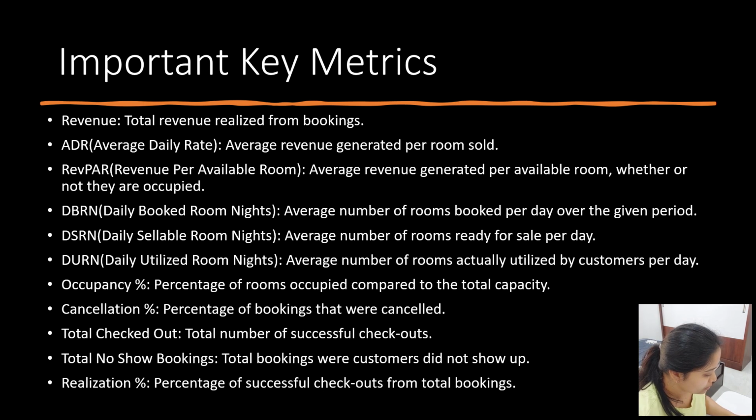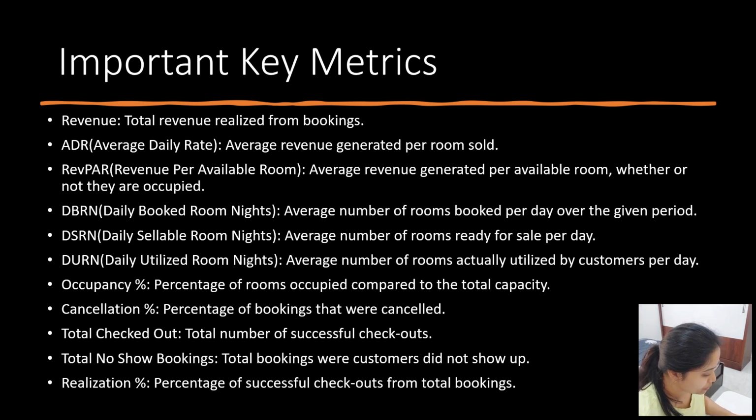DSRN, daily sellable room nights, is the average number of rooms ready for sale per day. DURN, daily utilized room nights, is the average number of rooms actually utilized by customers per day. Next, occupancy percent shows how many rooms were occupied compared to the total number of rooms available.